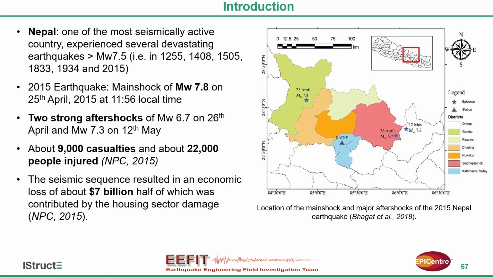About 9,000 casualties were reported and another 22,000 were injured. The seismic sequence resulted in an economic loss of about $7 billion US, and half of which was contributed by the housing sector damage.